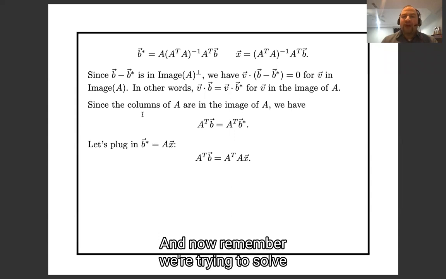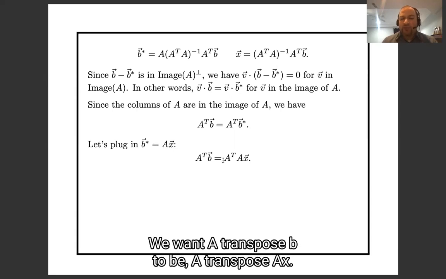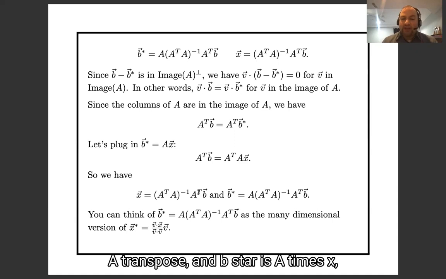And now remember, we're trying to solve for X so that B star equals AX. So plugging in B star is AX, we want A transpose B to be A transpose AX. Or in other words, X is (A transpose A) inverse A transpose B. And then B star is A times X, so A times that whole thing.